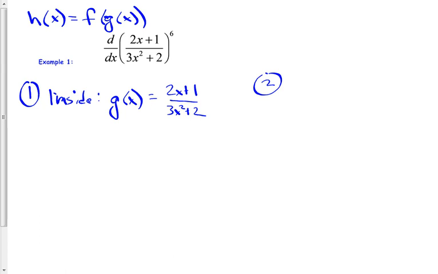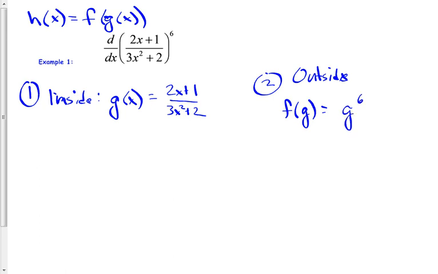And I'm going to identify the outside, but I'm not going to use x as the variable. I'm going to identify the outside function with g as the inside. So the outside function I'm going to call f of g. F of g is what? g to the 6th.